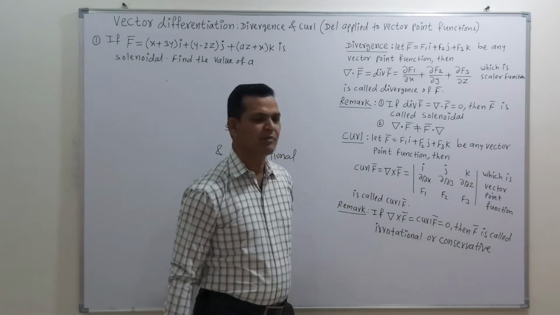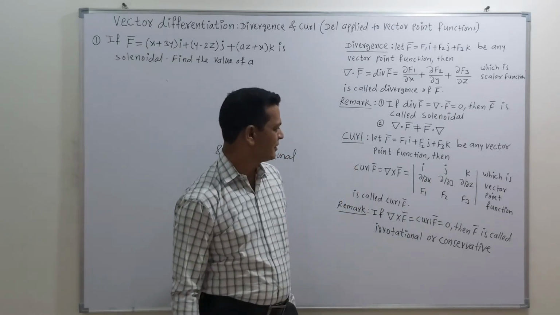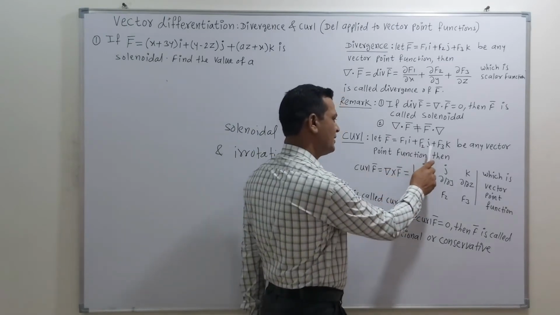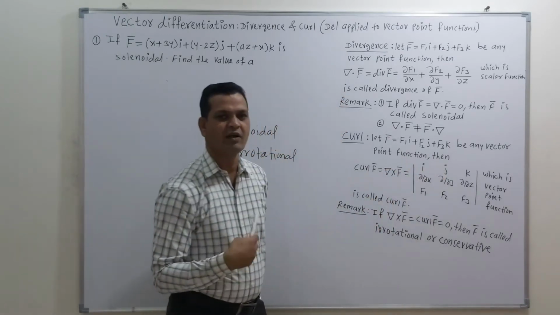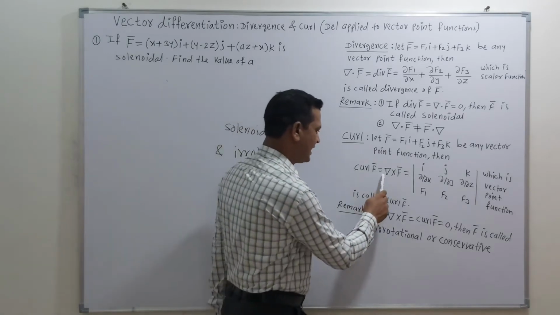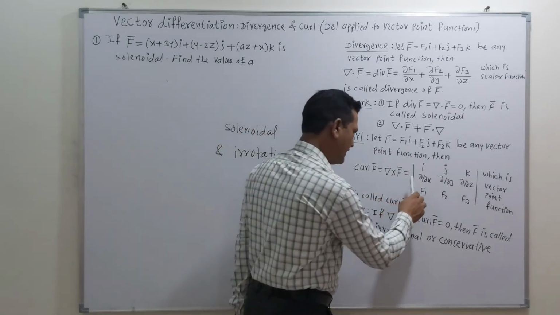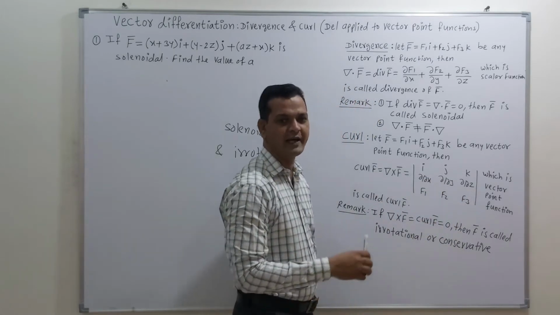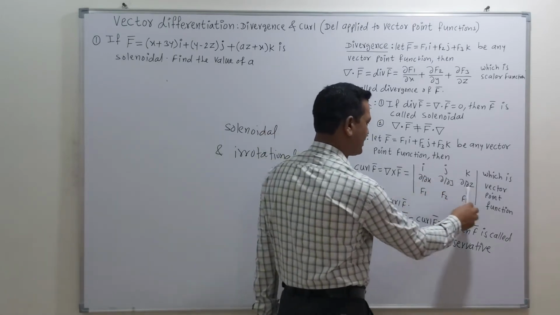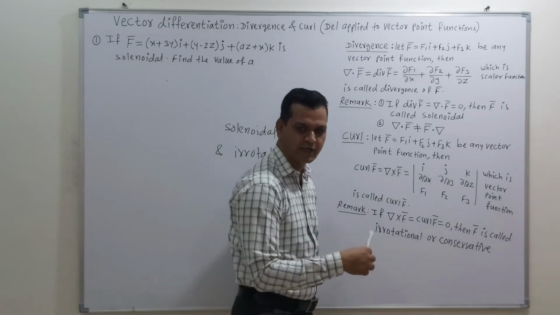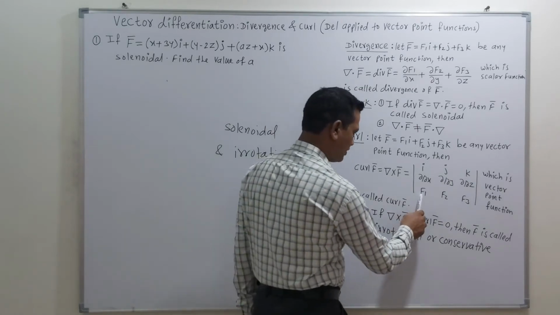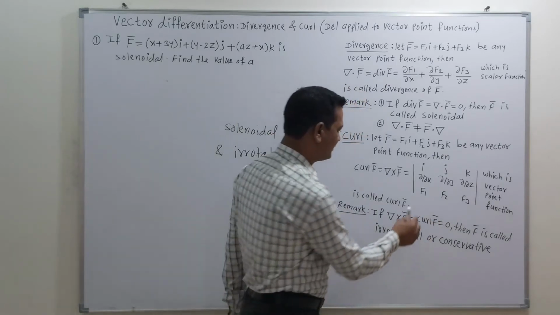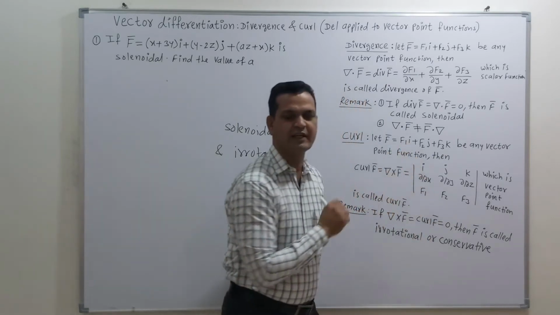The next definition is about the curl of a vector point function. If f bar is defined as f1 i plus f2 j plus f3 k, then its curl is del cross f bar, which is defined as the determinant whose first row is the unit vectors i, j, k, second row is the partial derivatives with respect to x, y and z, and third row is f1, f2 and f3, the components of this vector field.